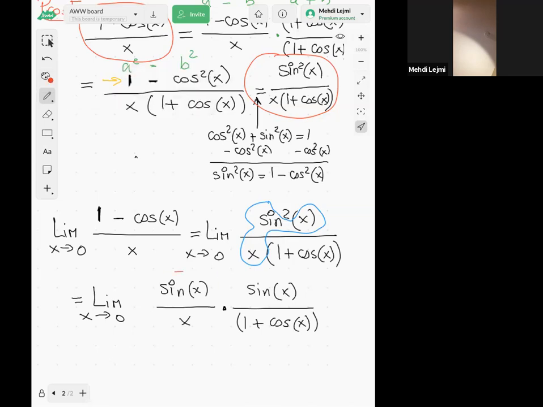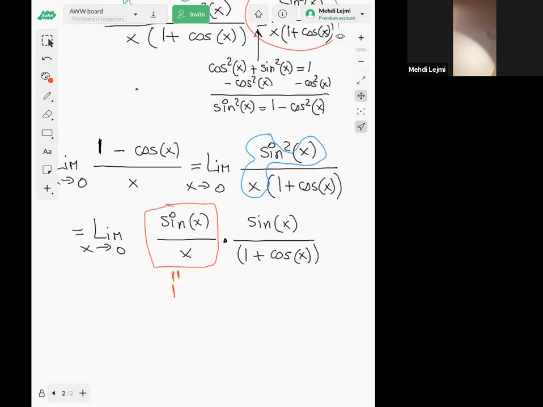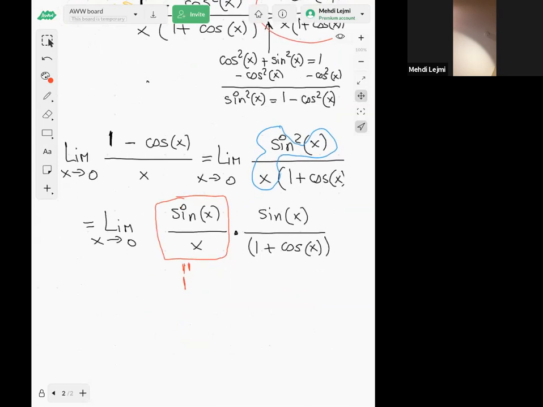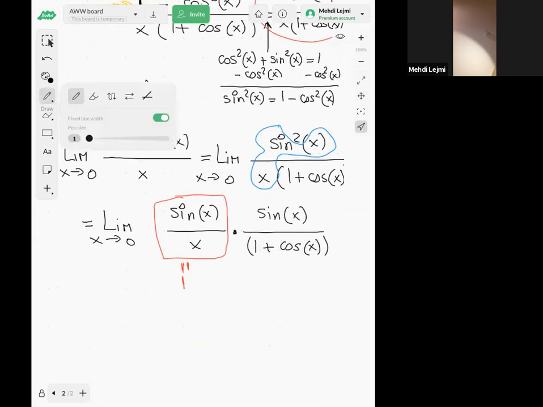So sine of x over x, we know the limit is equal to 1. If you replace x by 0, we're going to have 1 times sine of 0 over 1 plus cosine of 0.